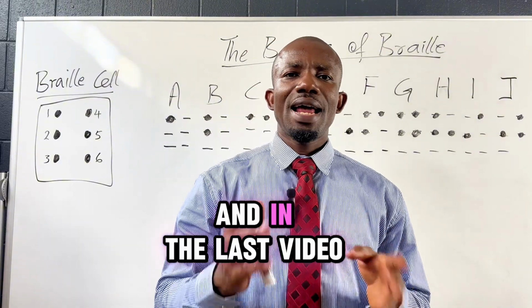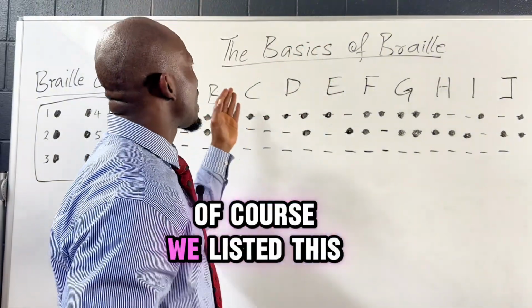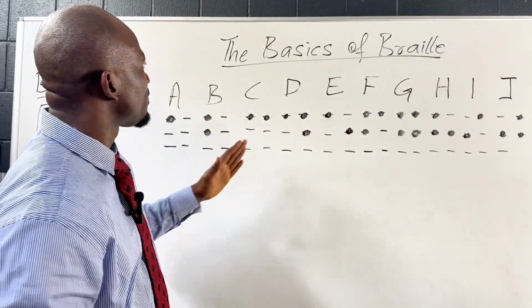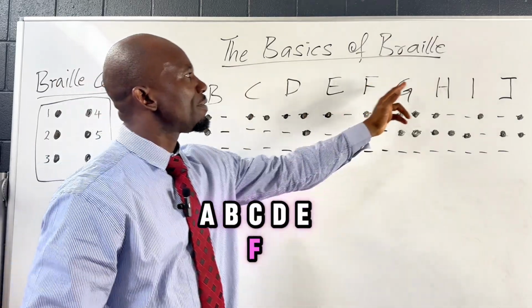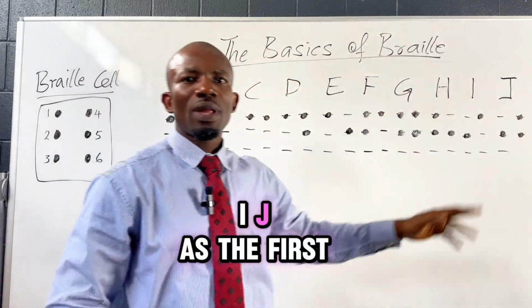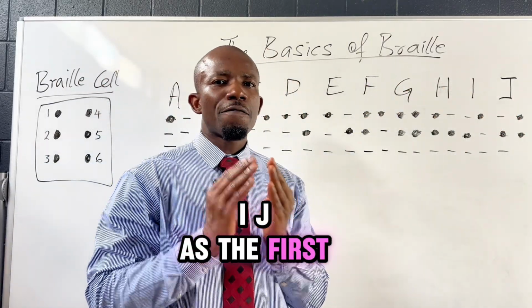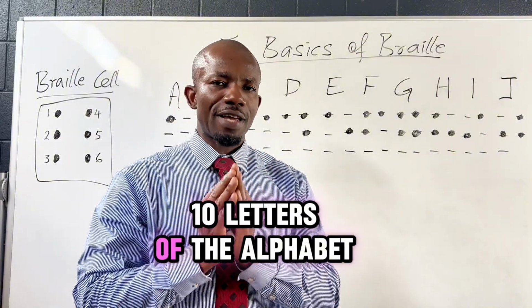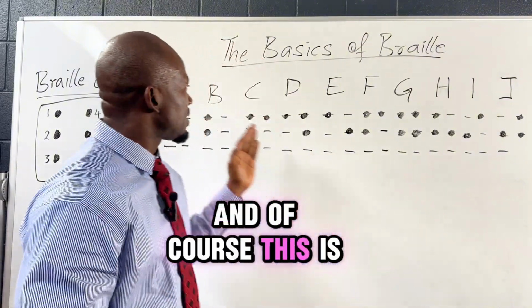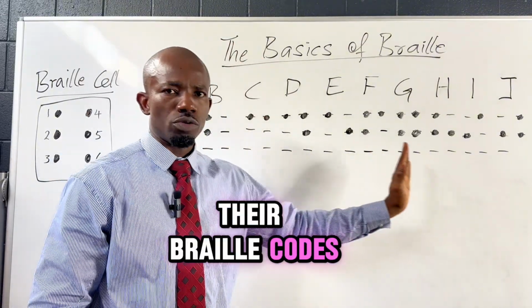Okay, and in our last video, of course, we listed A, B, C, D, E, F, G, H, I, J as the first 10 letters of the alphabet. And of course, this is their Braille codes.